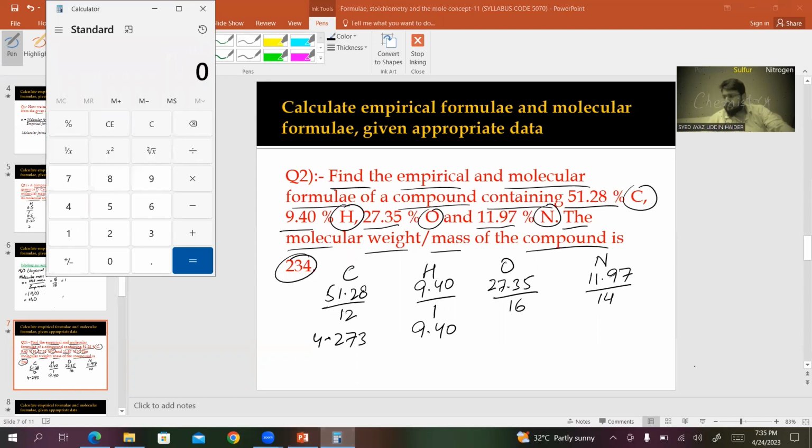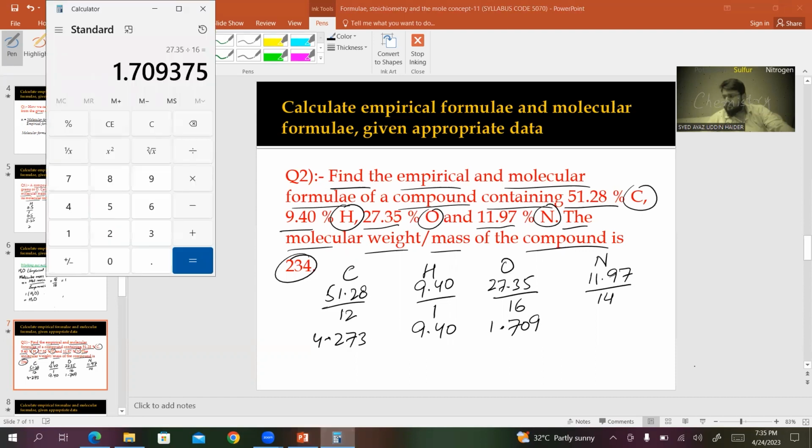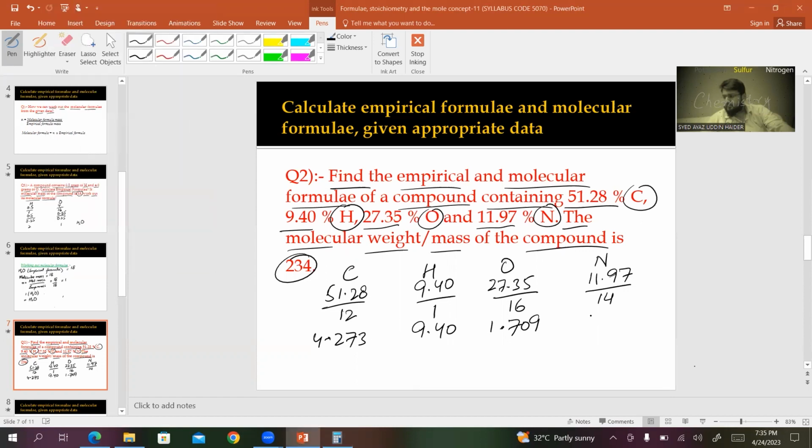For oxygen, 27.35 divided by 16, we will get 1.709. For nitrogen, 11.97 divided by 14, the answer will be 0.855.